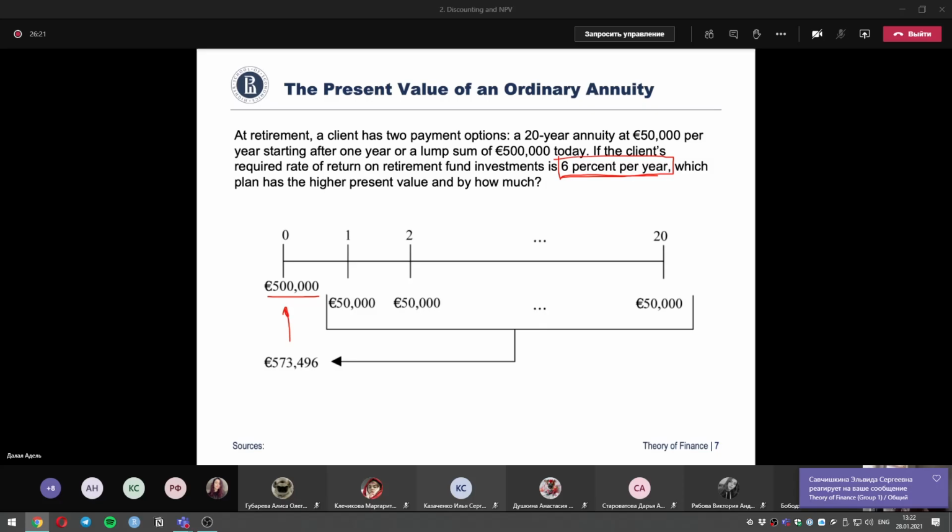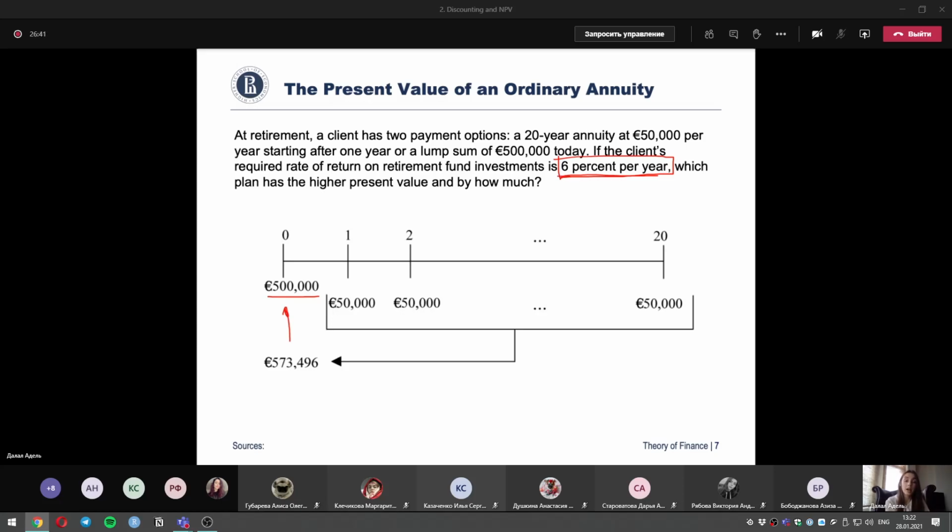Because if the client received 500K today, he had an opportunity to invest this money in some asset that provides 6% a year.